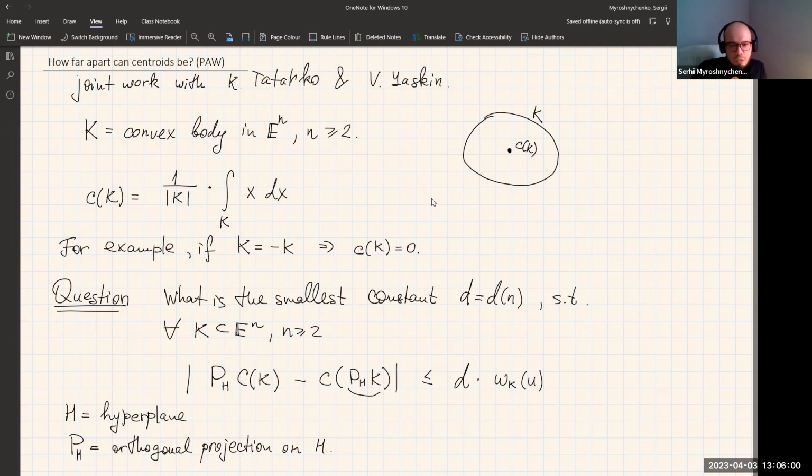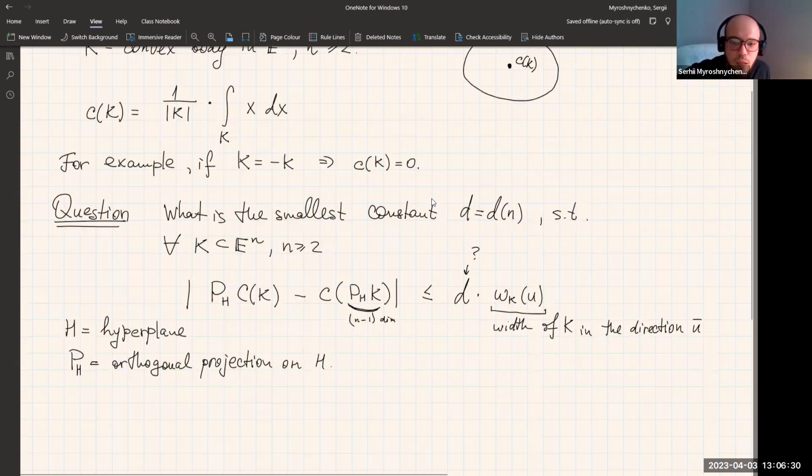So this creature over here right now is an n-1 dimensional convex body, and we're wondering about the center of this new creature. Now this d is what we're wondering about, and this would be the width of K in the direction of u. Who is u? I'll explain in a second.